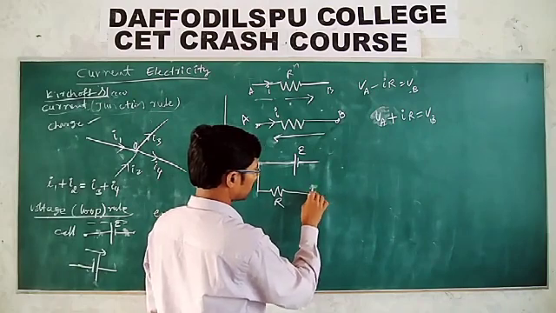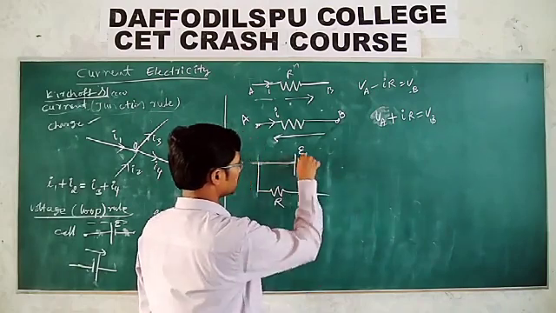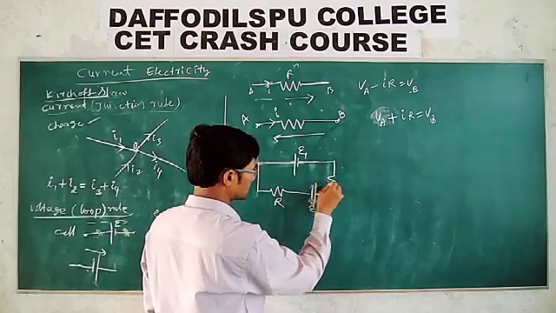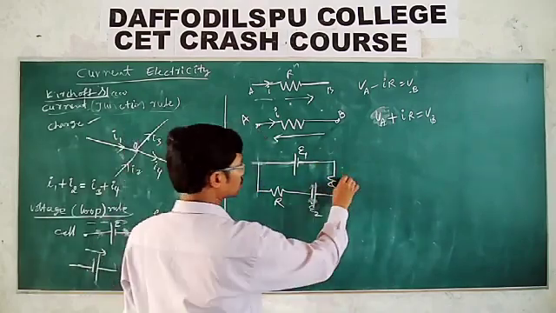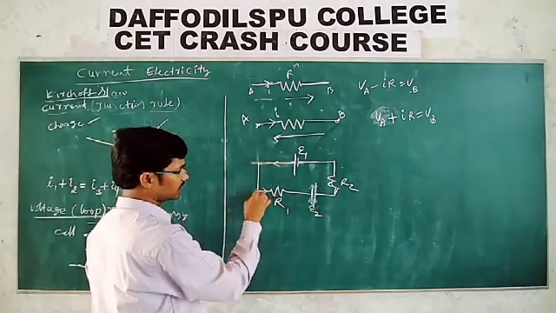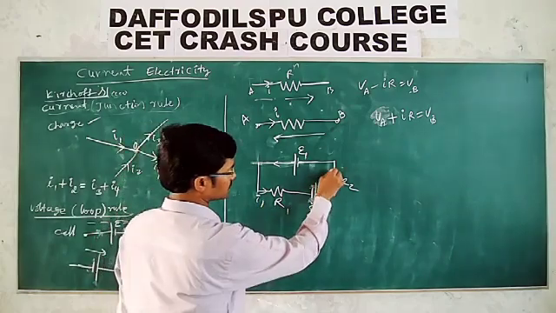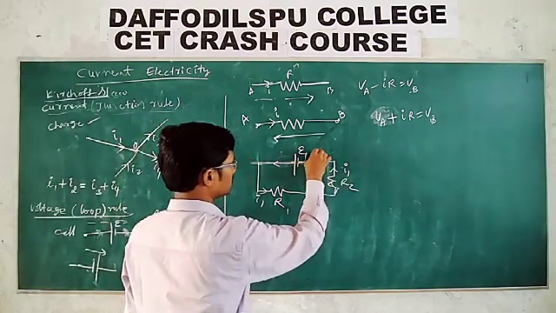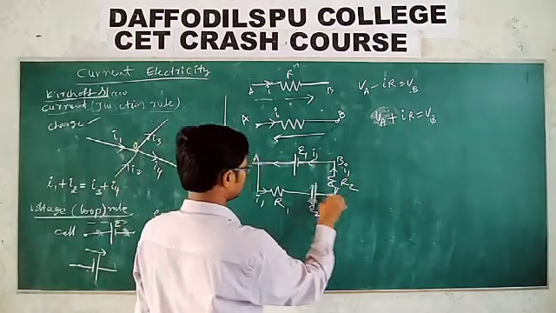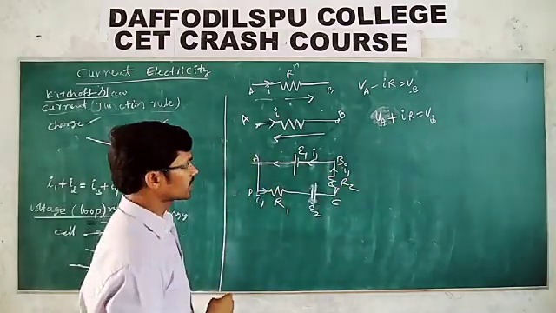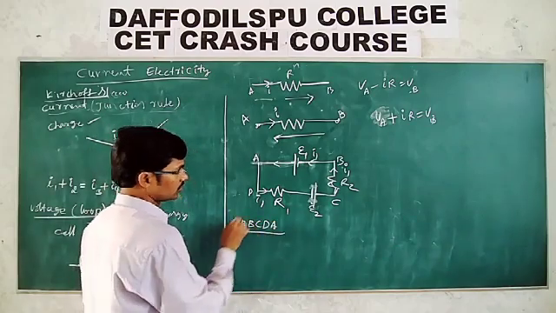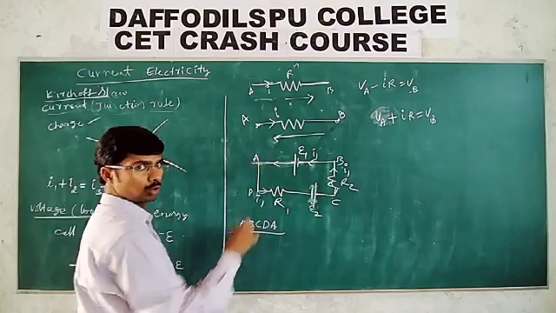Here one more cell I have taken, E1 and E2, and one more resistor R2, and this is R. For example, the current I1 is flowing, and here the same current is flowing. Now A, B, C, D. For the loop, let me take A, B, C, D, A.